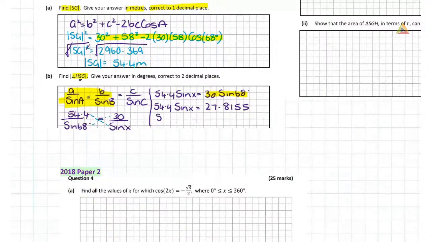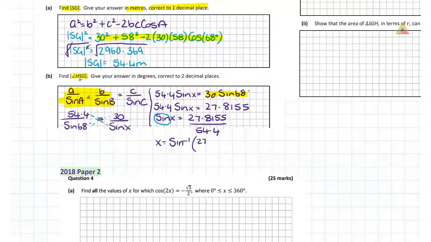So that will give me sine X on the left is equal to 27.8155, and we're dividing both sides by 54.4. And finally, sine is in the way of getting that X on its own. So when we get the opposite of sine, it becomes sine inverse.